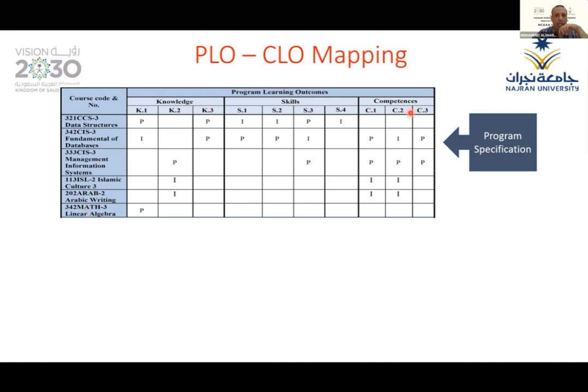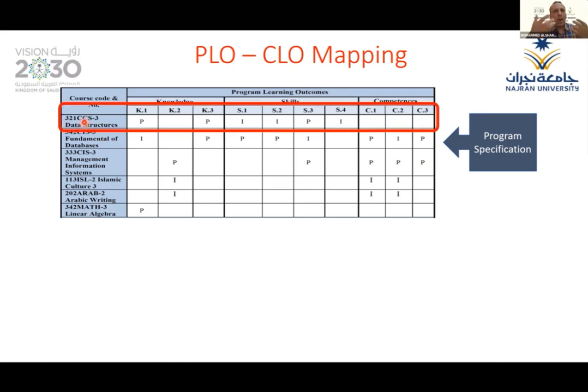Okay, so this is called the curriculum mapping, where it shows this course, for example, the data structure course. When we insert it in our study plan, it comes mainly to help the students achieve K1, K3, S1, S2, S3, S4. So this is one of the core courses in our curriculum in CS and IS. It can contribute to many core PLOs.